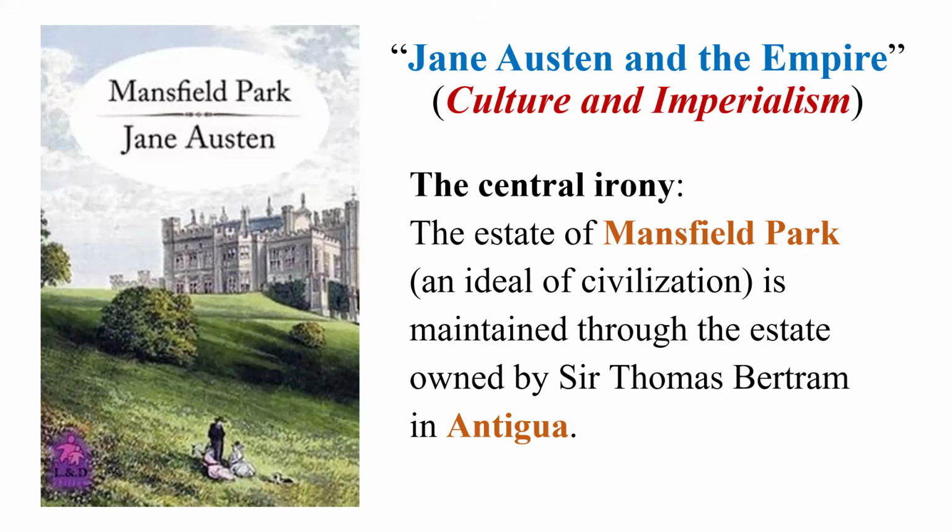Here is an imperialist country where we have this Mansfield Park, but the revenue generated in Antigua through sugar plantation is the source used for building or maintaining this estate. So that's the contrapuntal reading. You have to read between the lines to expose imperialist ideologies hidden in classic works like Jane Austen's Mansfield Park.